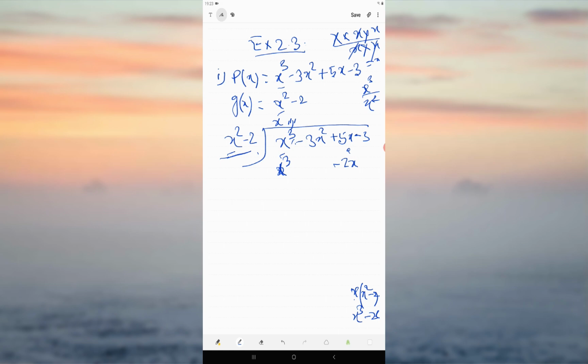Then it's the normal division method. Suppose 7 divided by 2: 2 threes are 6, then we do 7 minus 6. Similarly over here, this should be subtracted. Now if you subtract 5x minus 2x, this minus will become plus, because whenever you are subtracting a negative, minus into minus is plus.